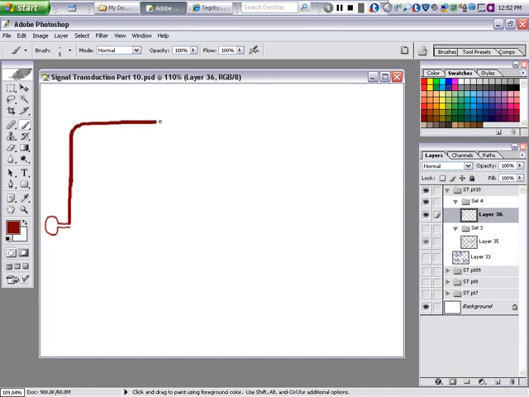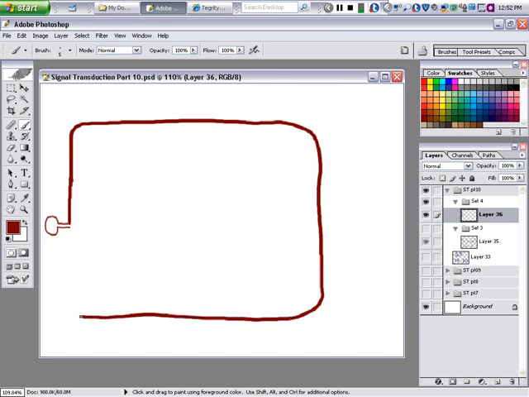Excellent. So this is going to be the nerve ending. I'm making a really, really big nerve ending because I need to draw some things in it, not because it's bigger. Make sense? Excellent.